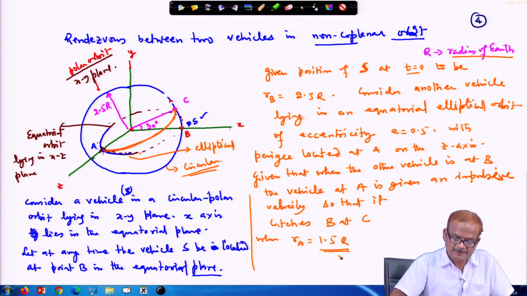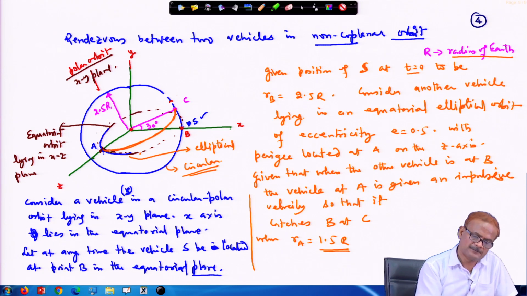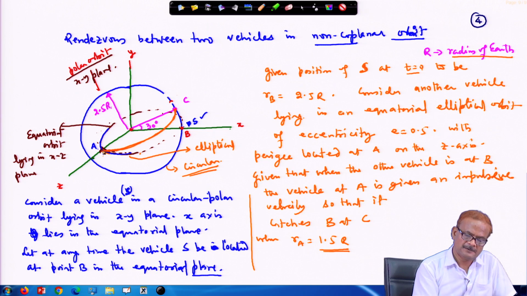C latitude is given to be 30 degrees. So, this is the information, and you have to decide how much impulse needs to be given at A, such that the vehicle at A will go and catch the vehicle S at the point C.